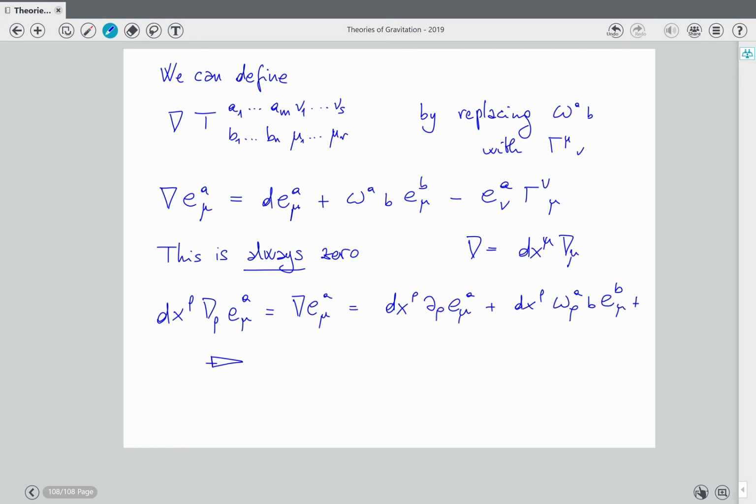Okay, and then we have the last term, which is dx rho gamma rho mu nu e a nu. Again, this is an identity of one forms. We want to show that this is 0, so the coefficients must be 0, which is this plus that must be 0. So we want to show that this identity holds.